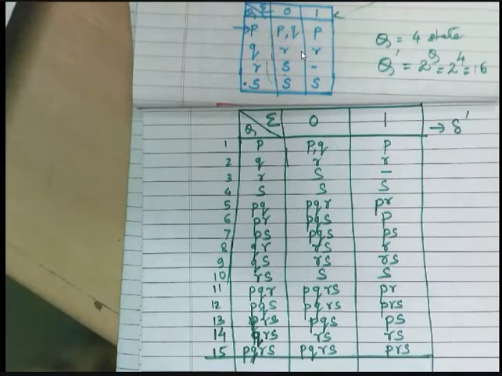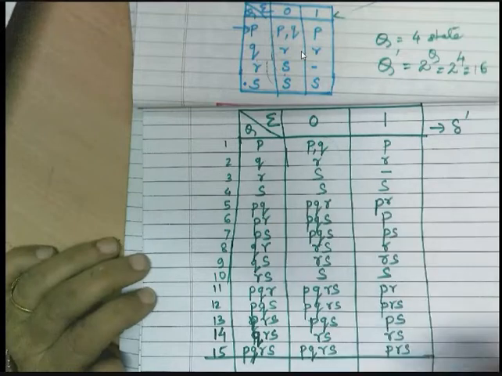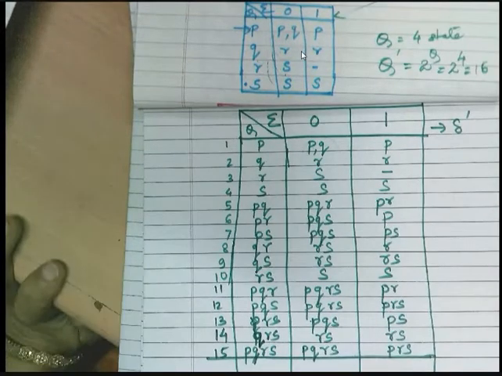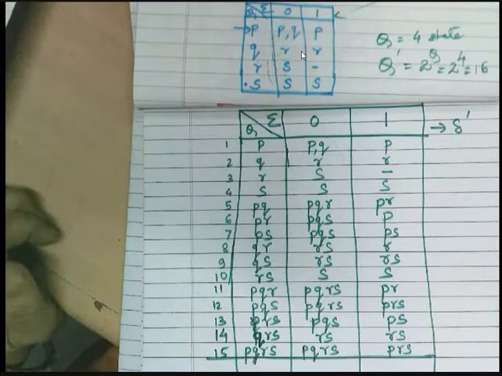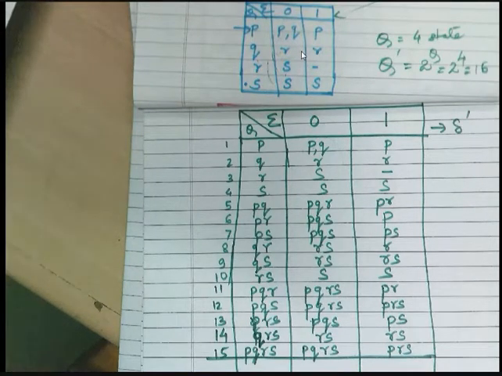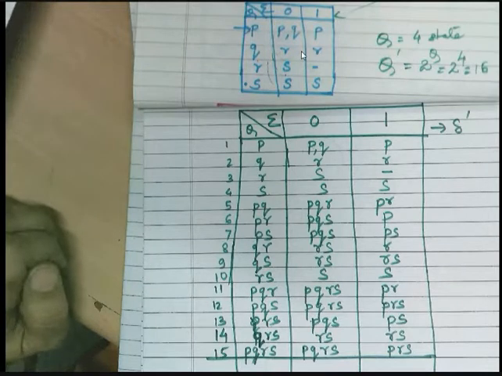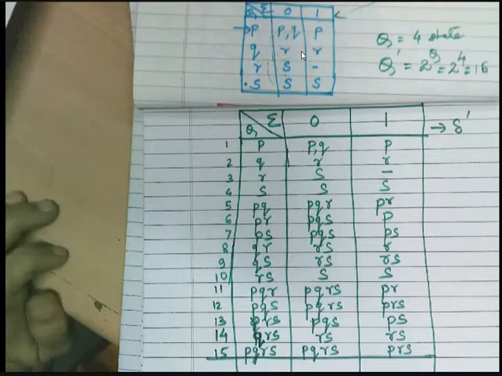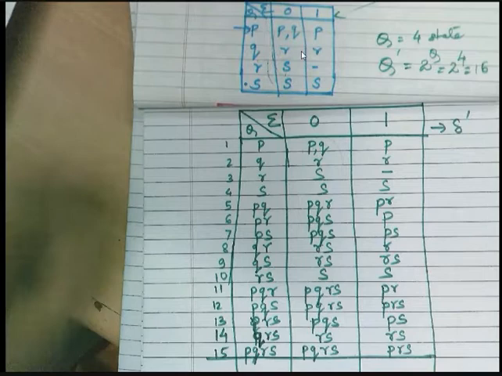See, if you draw 15 states, we'll be having a big DFA and that will be having some kind of redundancy or repetition. So here we will be learning the concept of minimization. So what is the concept of minimization?